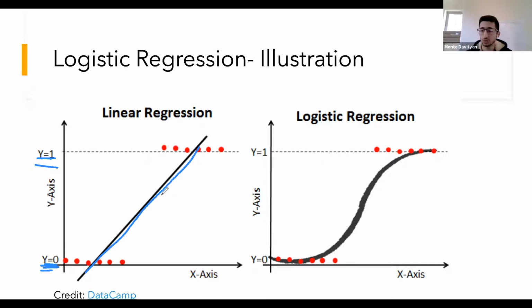Logistic regression works with this curve-like nature, and you can see it models what we want pretty well. The survived or not is this function right here, this portion of it, as well as the other part of it.